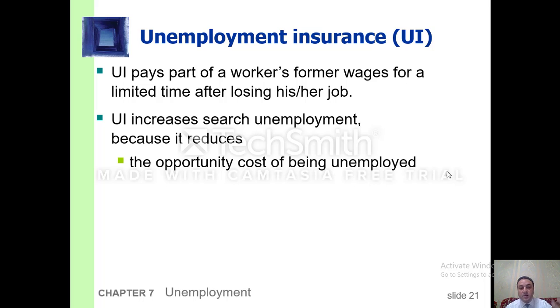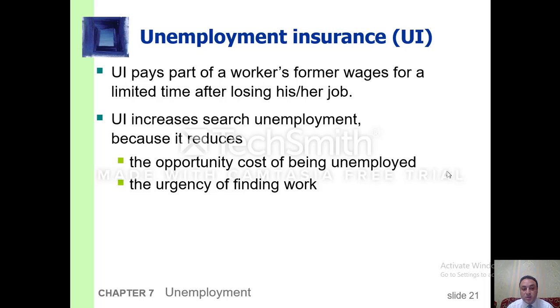This is how some economists see it. You now have insurance or income, so this reduces your opportunity cost of being unemployed.